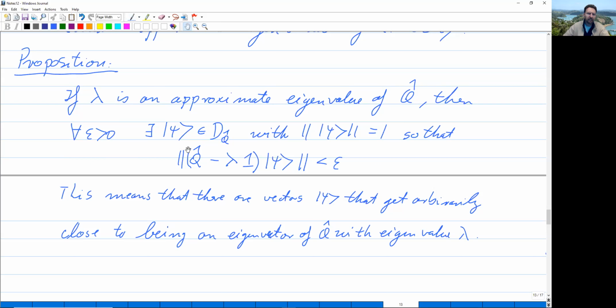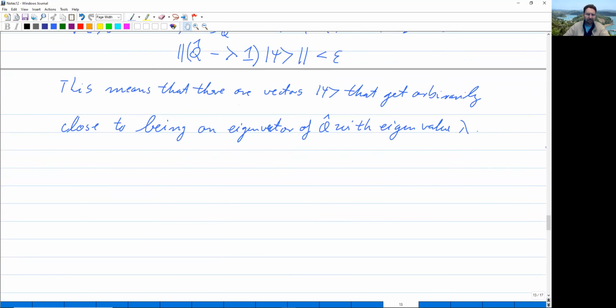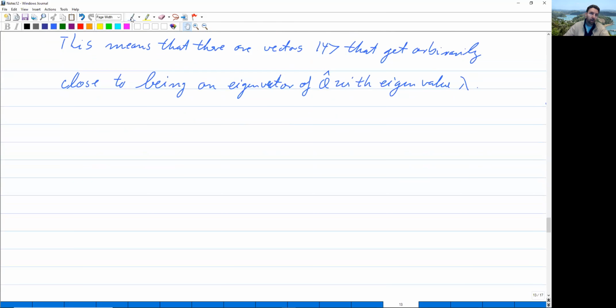You may wonder, have I ever seen anything like that before? You probably have. A related example is this one. Remember the delta function of x minus x naught?